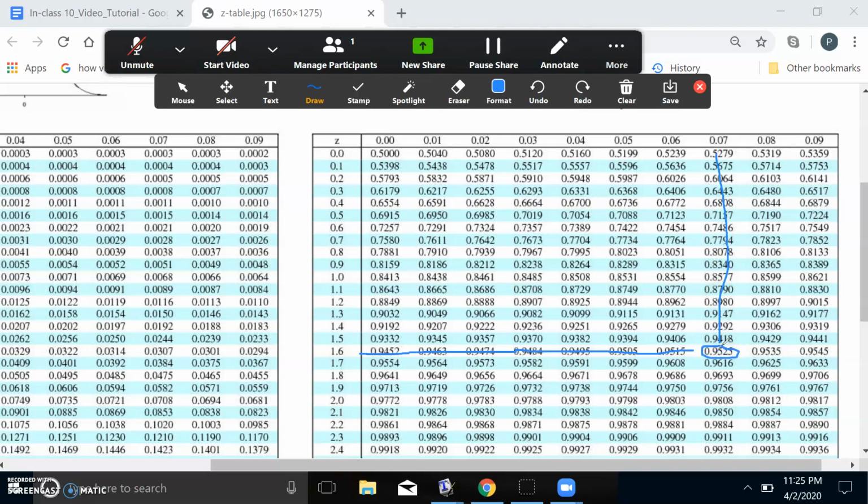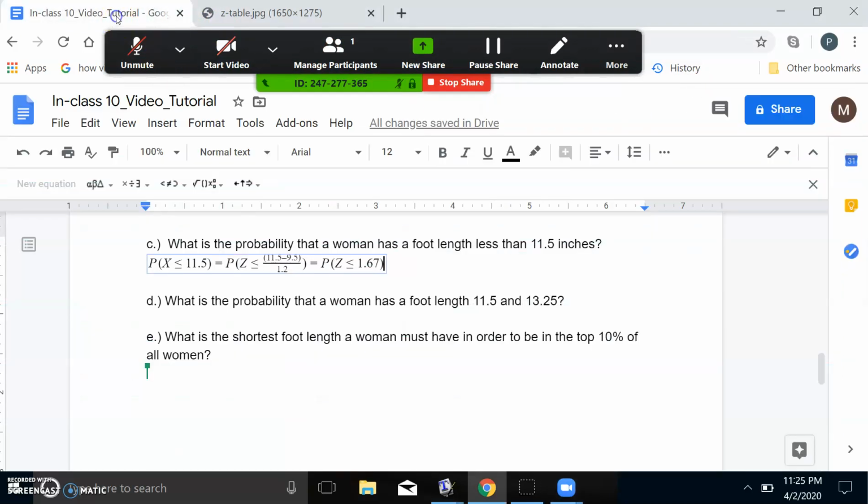That value is 0.9525. Let's put that into our document: 0.9525. So we're done with that one.